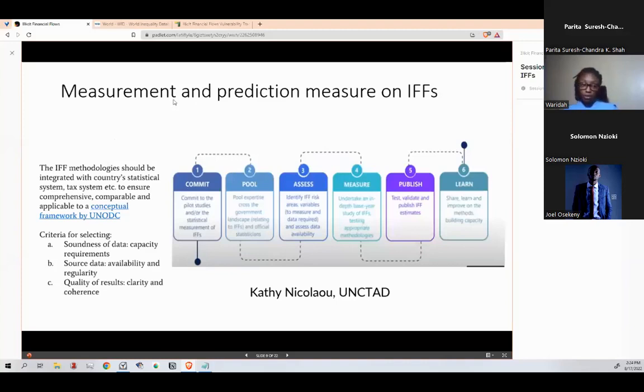With the methodologies we've just talked about, we look at an example of one of the biggest partnerships when it comes to measuring and predicting IFFs, which is between UNODC and the UNCTAD. Now, with this, it looks at how the IFF methodologies should be integrated with a country's statistical and tax system.